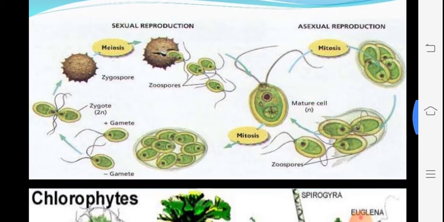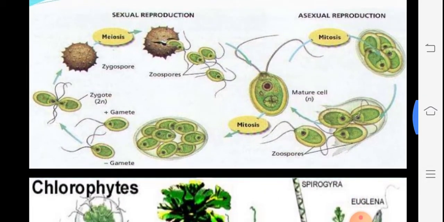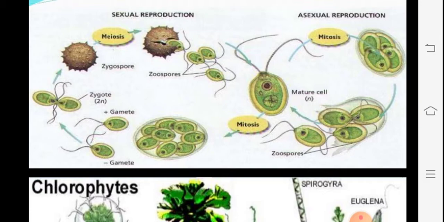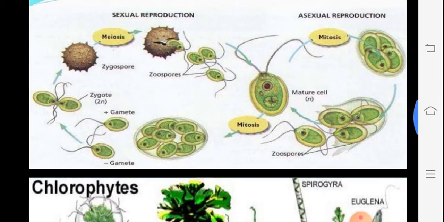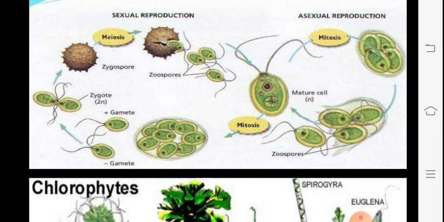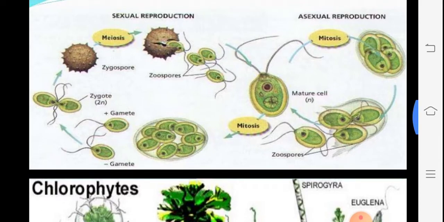Firstly, in sexual reproduction, there is the formation of gametes, positive and negative strains. They develop the zygote, and the zygote develops the zygospore. Meiosis takes place and it develops zoospores, four zoospores. Each zoospore germinates and gives a mature cell.